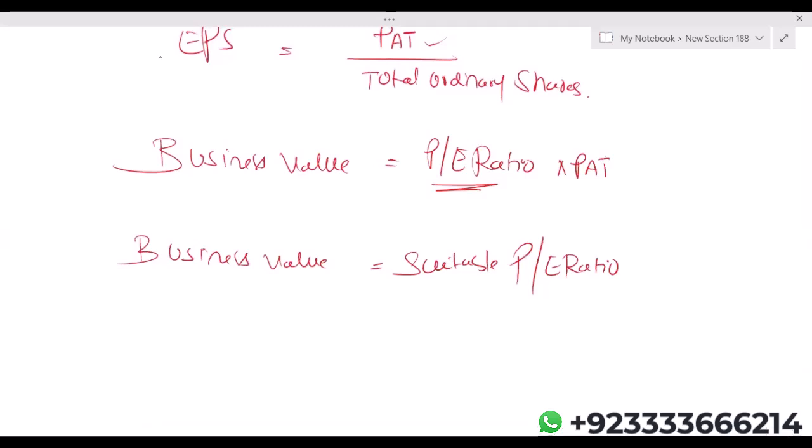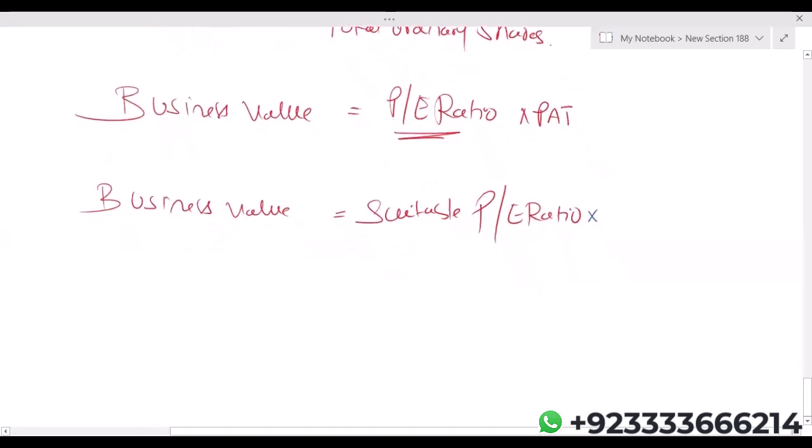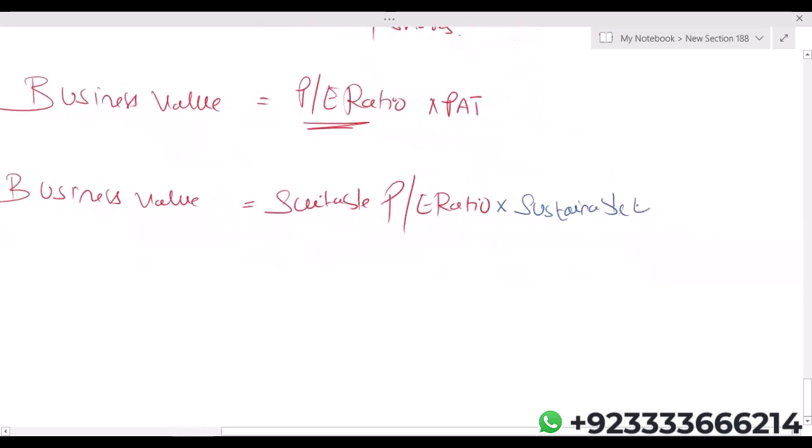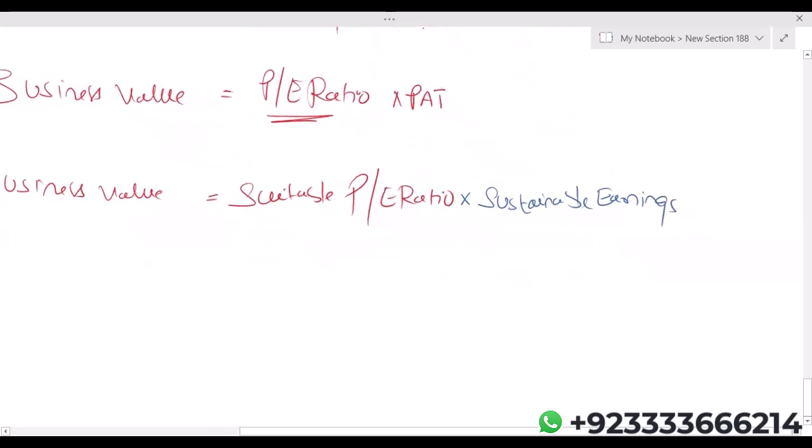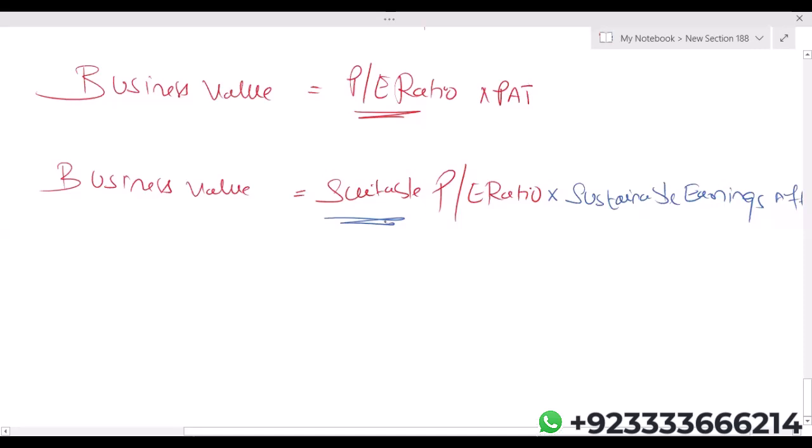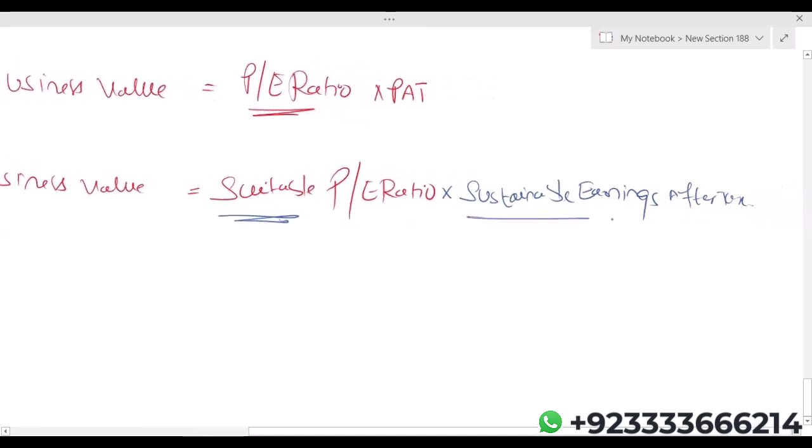Then instead of PAT, when we say PAT, you have to actually take the sustainable earnings. Of course, sustainable earnings after tax. Now, what do you mean by suitable? And what do you mean by sustainable earnings?